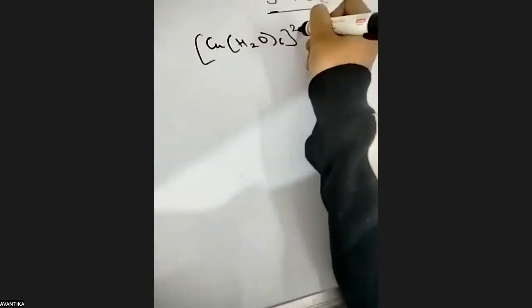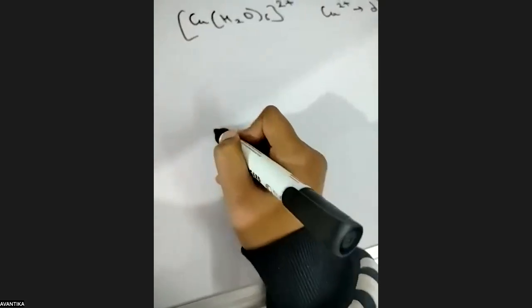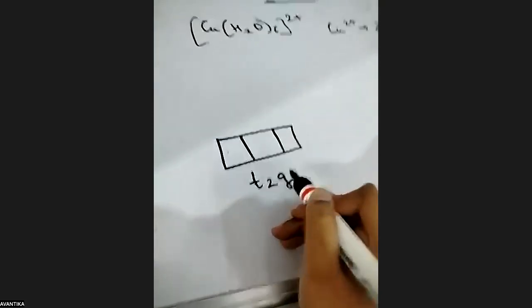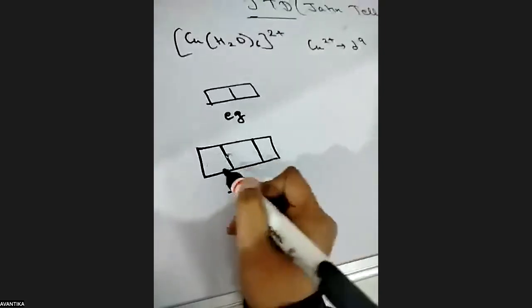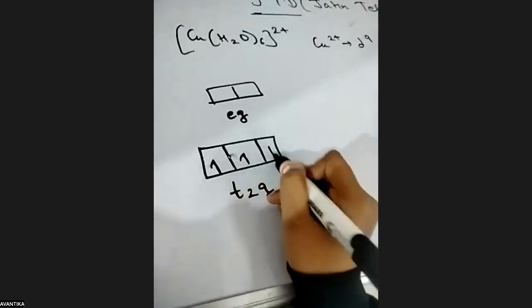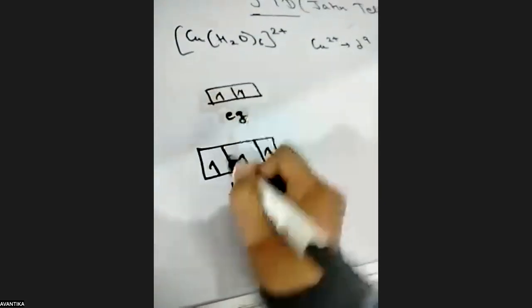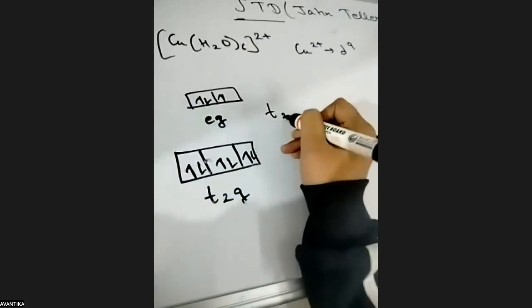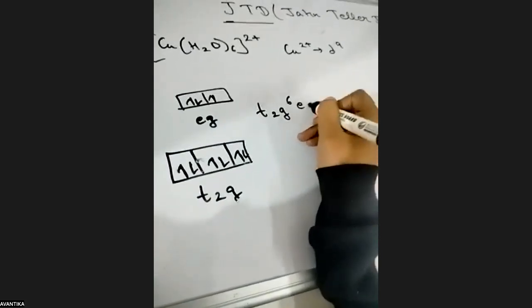Here Cu2+ has d9 configuration, and if we fill this d9 configuration in an octahedral complex, with t2g and eg orbitals, it comes as t2g6 eg3.